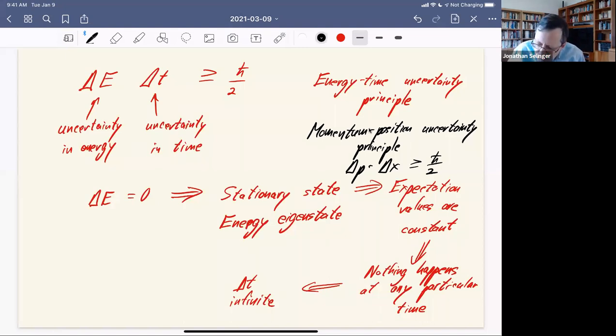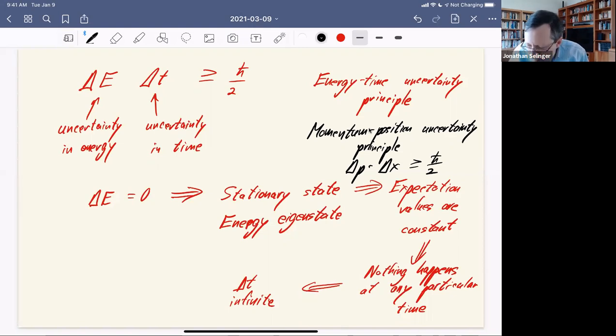So if you compare these two relationships, it looks like the energy time and the momentum position relations are kind of analogous to each other.